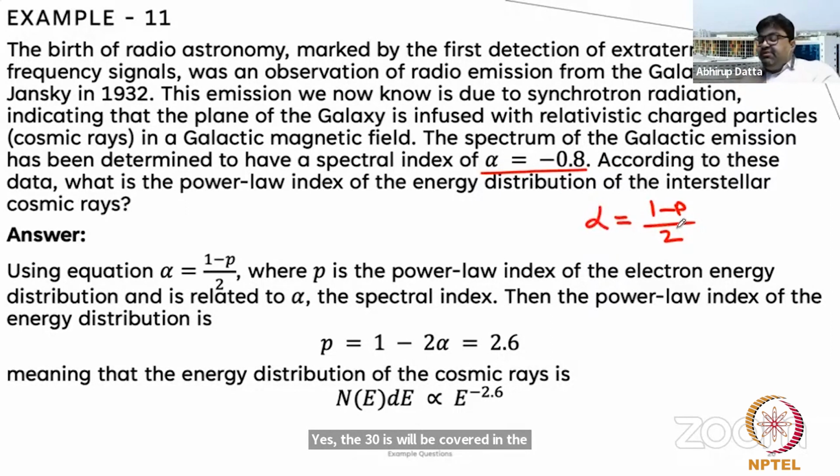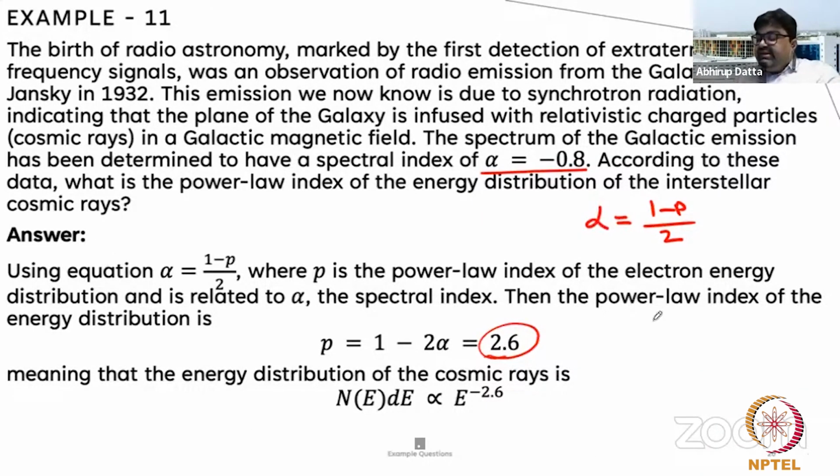For the purpose of these problems, you can just remember that the spectral index is related to the power law of the electron energy distribution by this particular formula. So p is 1 minus 2 alpha. So if alpha is known as -0.8, p is 2.6. Hence, that's how the distribution of the cosmic ray changes.